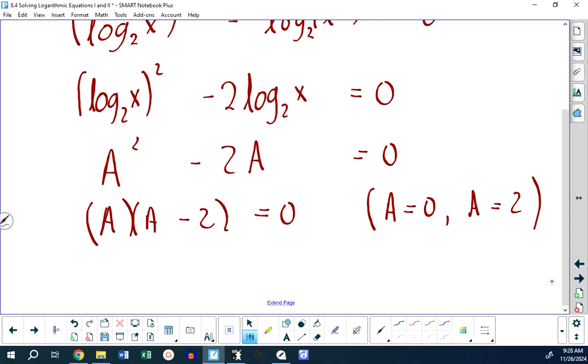Well, we're going to do the same thing. We're just going to factor out base 2 logarithm of x and get log base 2 of x factored out, which leaves me another log base 2 of x minus 2.